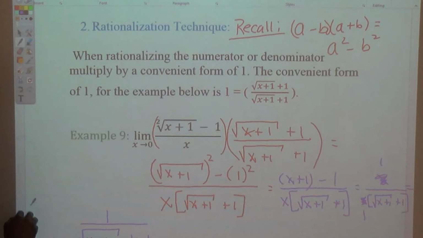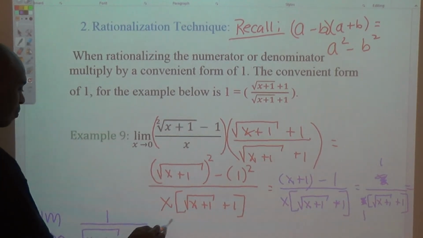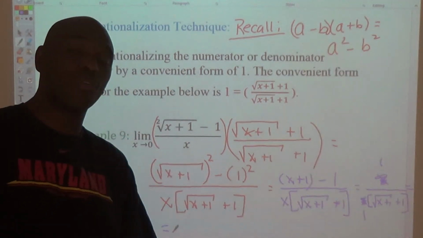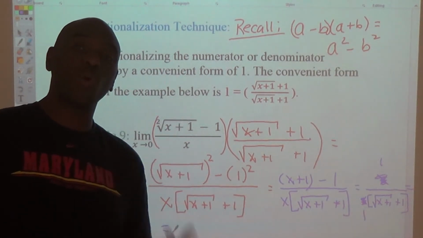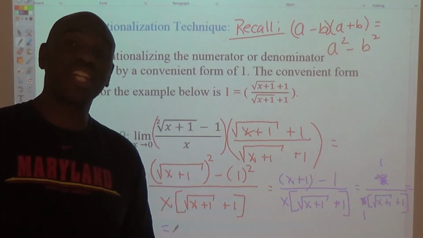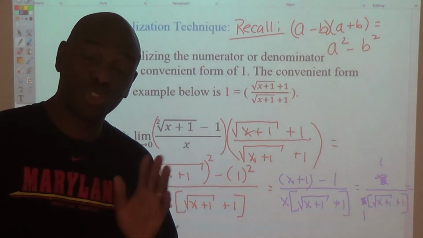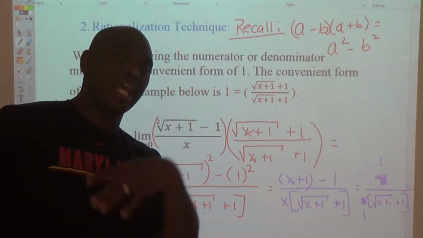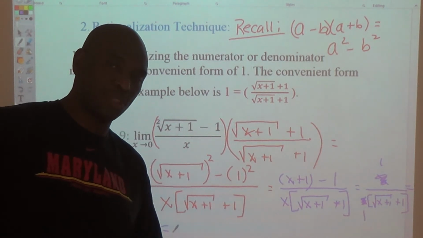Limit as x approaches 0. After all that rationalization is over, now it's time to go back to what? Direct substitution. So use the technique first, and then go back to direct substitution.